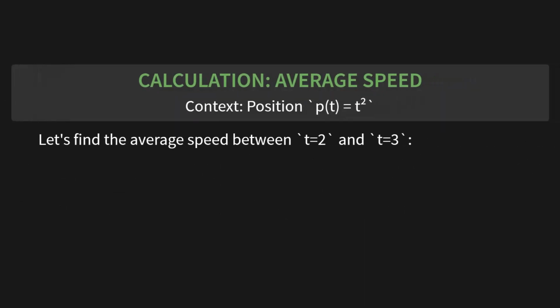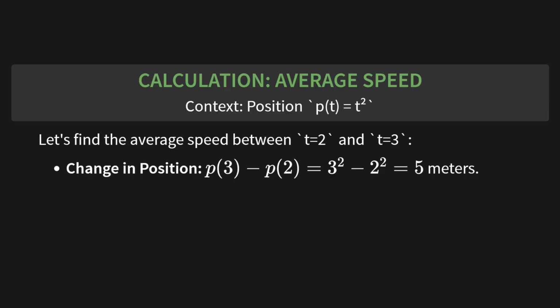So let's do a quick calculation for the average speed. Our context is still p of t equals t squared. Let's find the average speed between t equals 2 and t equals 3. First, the change in position. That's p of 3 minus p of 2, which is 3 squared minus 2 squared.